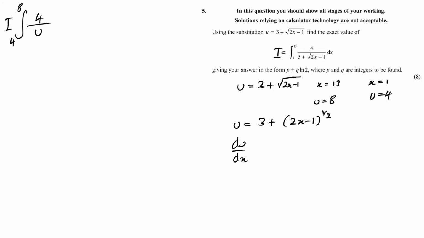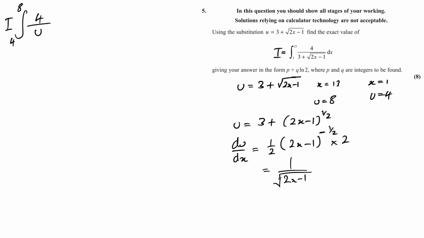Then du by dx is, the 3 is going to go, we get half 2x minus 1 to the minus a half, and then multiply by the inside differentiated, which is 2. So the 2 and the half cancel, leaving 1 over the square root of 2x minus 1.